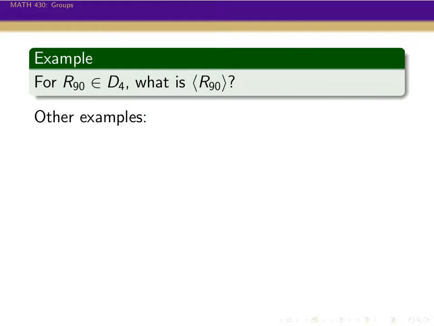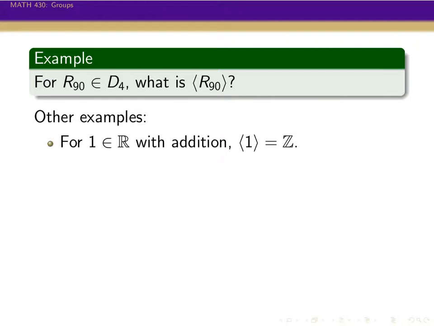So let's think about some other examples of subgroups generated by a single element. So what if we started off with R with addition and took 1 and just think about what happens when we apply 1 to itself with addition over and over again? Well, it's going to have 1, and then I can keep adding 1 to itself. So it'd have 1, 2, 3, 4, 5, 6, 7, etc. It would have 0, because not applying it at all will give us 0.